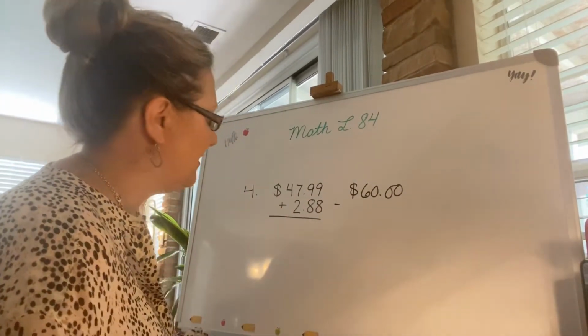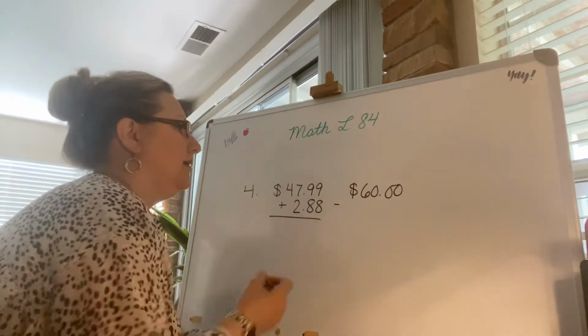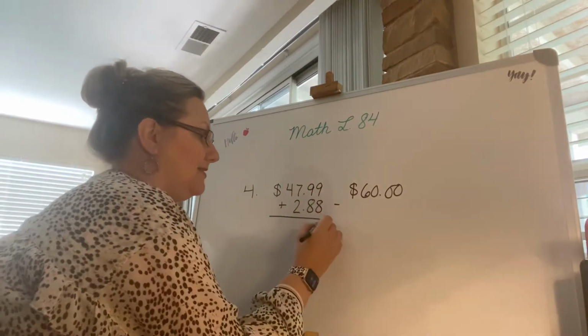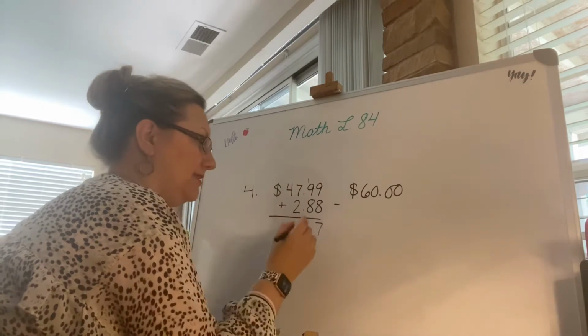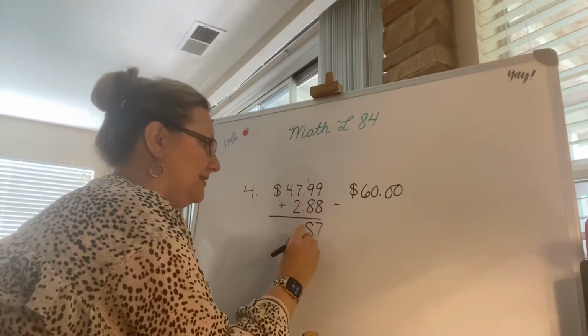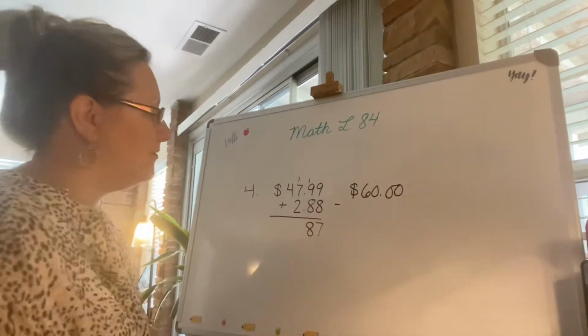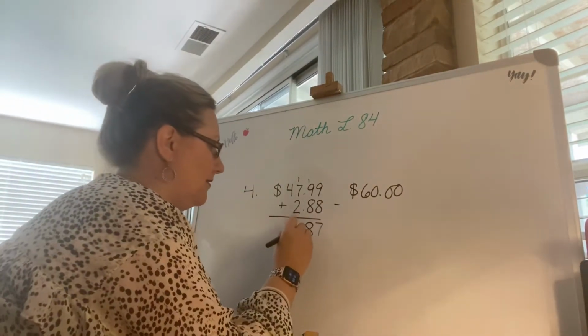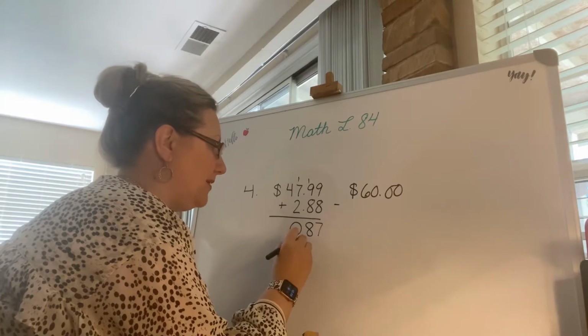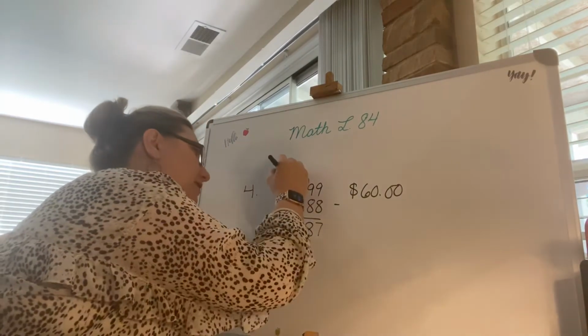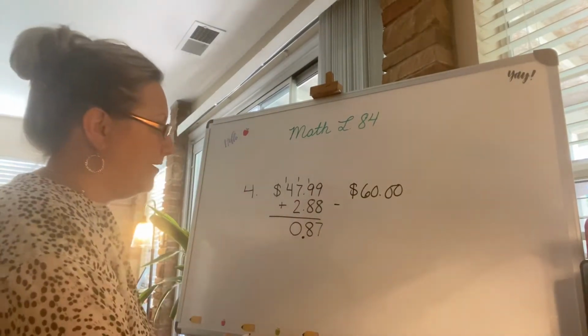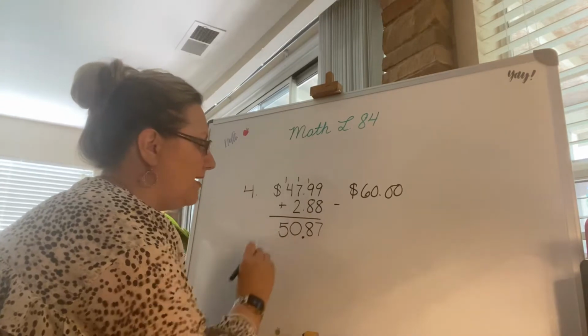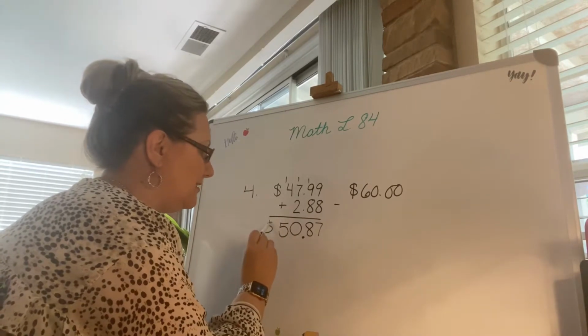So I'll just put that down so we don't forget about it. All right, so 9 plus 8 is 17. 9 plus 8 plus 1 is 18. Okay, we know 7 plus 3 really is 10. I'm going to put the 0, but not forget my decimal point, and not forget to carry that 1 over. And 4 plus 1 is 5, so I have $50.87.